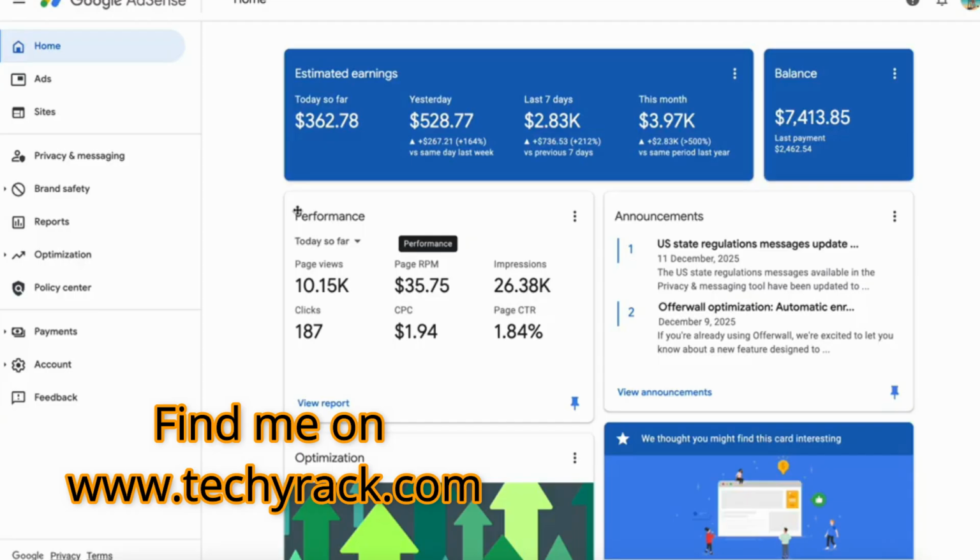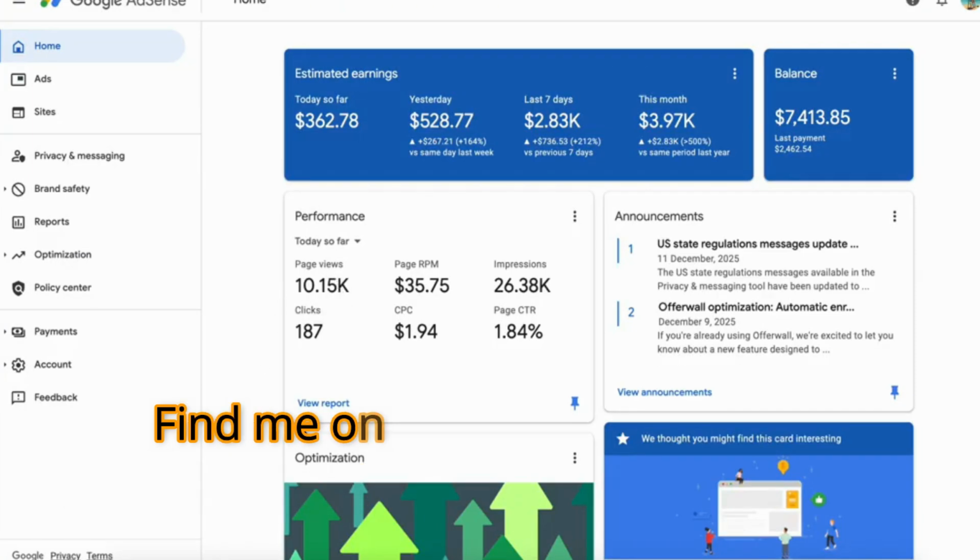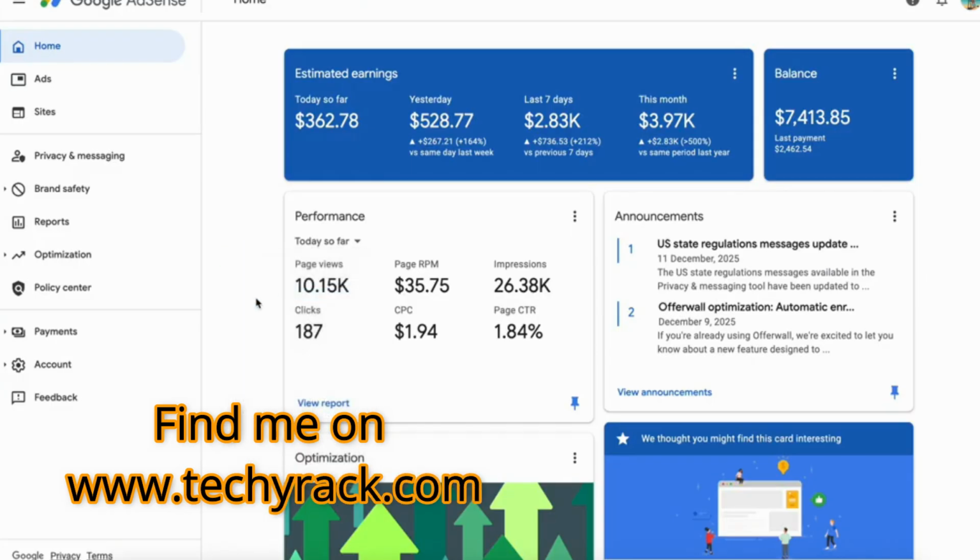Yeah, when you build a good system that brings in traffic for you, you won't have to worry about all these issues, ads limit, getting banned, because you're driving in clean traffic that AdSense wants.